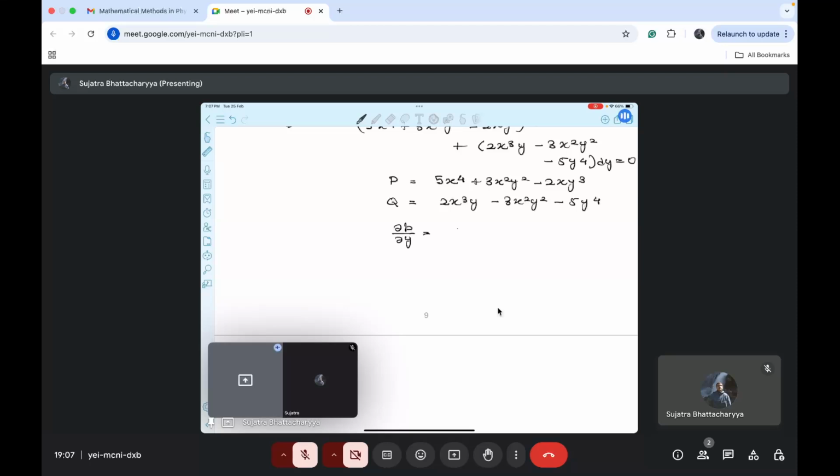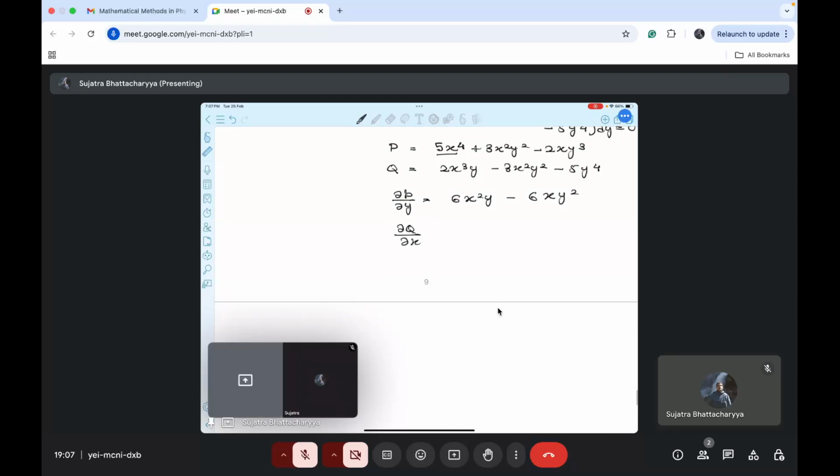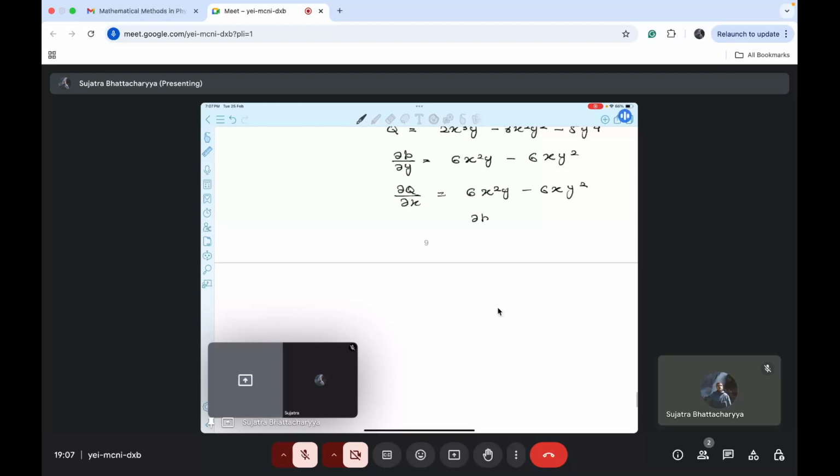So it will be 6x square y minus 6xy square. What is delta q by delta x? Here y will be constant, so 6x square y minus 6xy square. So what we find is delta p by delta y is equal to delta q by delta x. Hence, it is an exact differential equation.